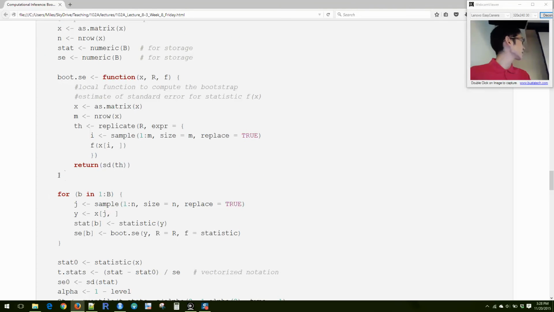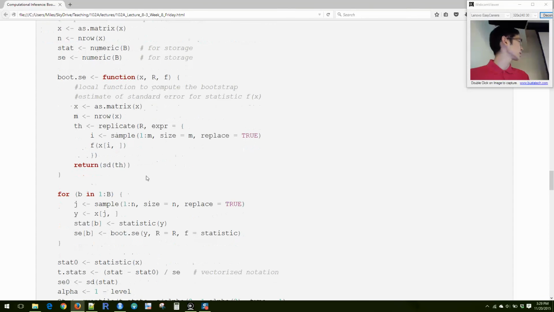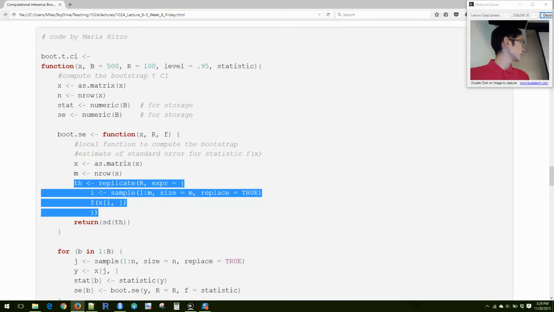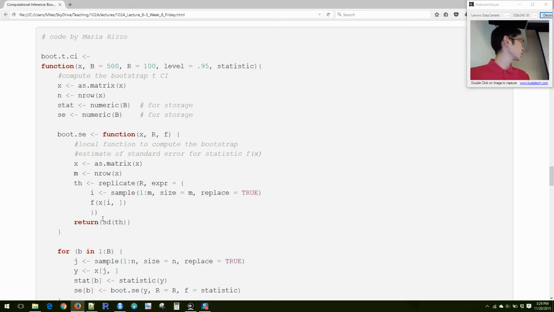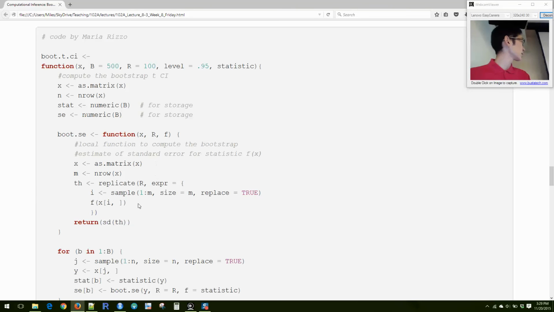To calculate the bootstrap standard error, this is its own function taking the data, not the original data, but the data that has been selected via bootstrap. Then we do R, 100 or whatever it is, replicates to get the standard error. So this is just a regular old non-parametric bootstrap to get the standard error of some sample X, right?